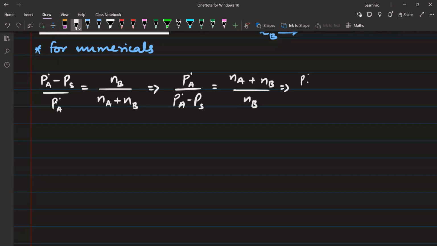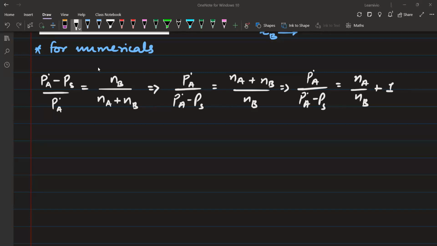So we'll get P naught A upon P naught A minus Ps, which will be equal to number of moles of solvent upon number of moles of solute, plus 1, because Nb upon Nb will be equal to 1. Make sense till here? Yes or no? Please tell me, guys. Yes, sir. Yes or no?